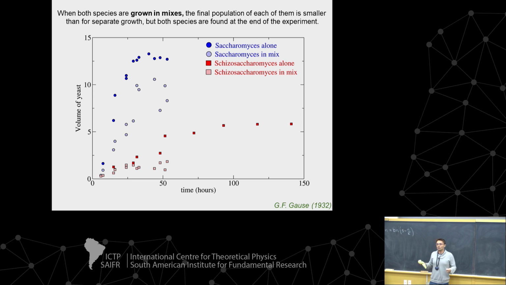So if now we have a second species, in principle, this is describing the dynamics, the growth of each of the species, but they are not connected so far, right?